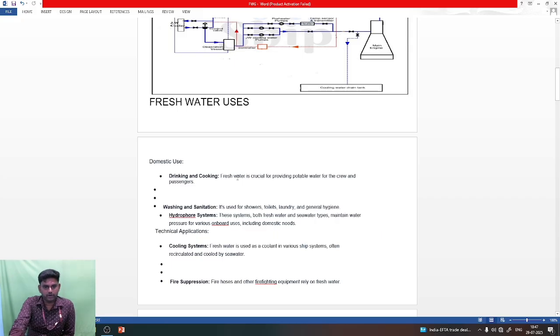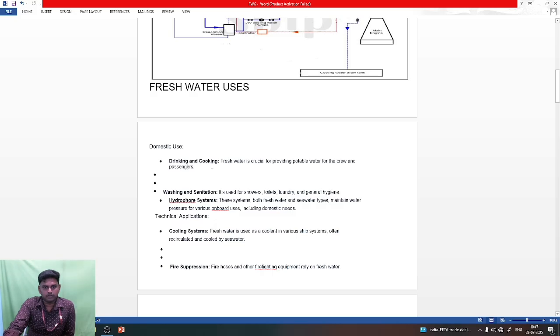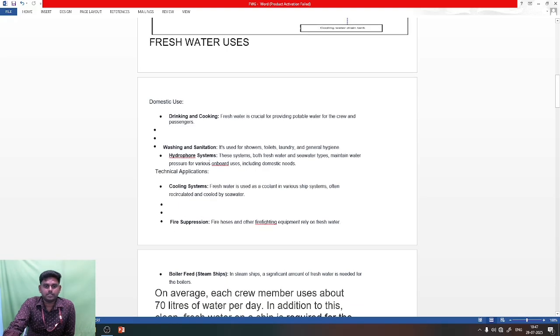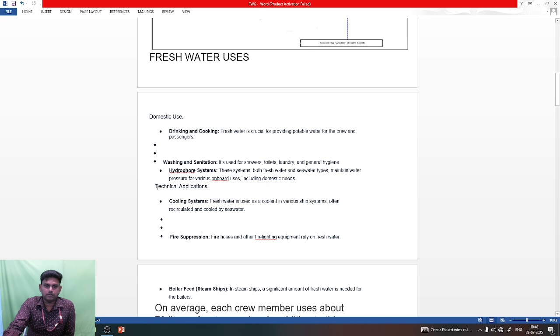In a ship we have only this system for drinking, cooking, washing and sanitation, and the hydrophore system. The hydrophore system is a pressurized system to maintain the water pressure for the various onboard users, including the domestic needs. The hydrophore system is constructed as a closed vessel, and inside we have to maintain the water pressure and air pressure.